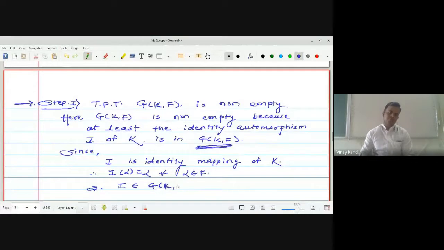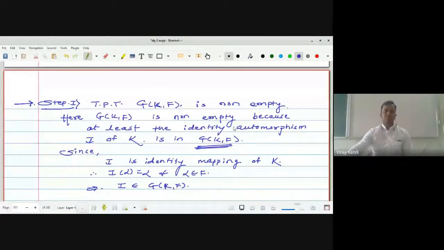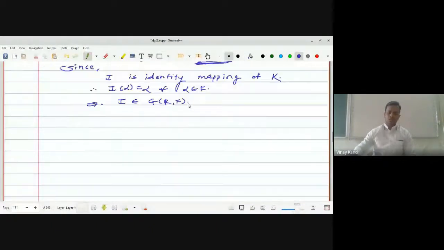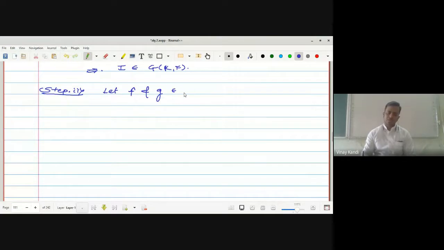Now, in step number one, we proved that G_K(F) is non-empty. Now take two elements from G_K(F). Step number two. Let f and g be two elements belonging to G_K(F).